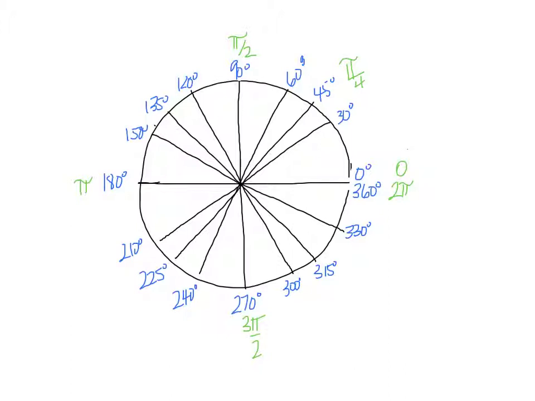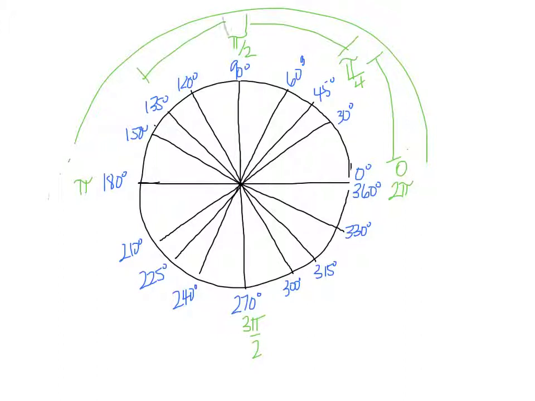Okay, so I said from 0 to 180, the top half of my circle, that's pi. We've already decided that much. And I'm saying, okay, of that top half of the circle, if we're looking at just 45 degrees, we've got a 45 degree angle here, and then here, and then here, and here.